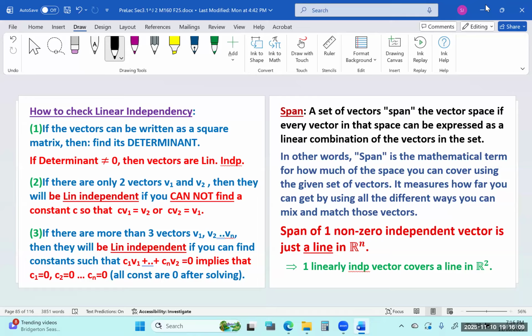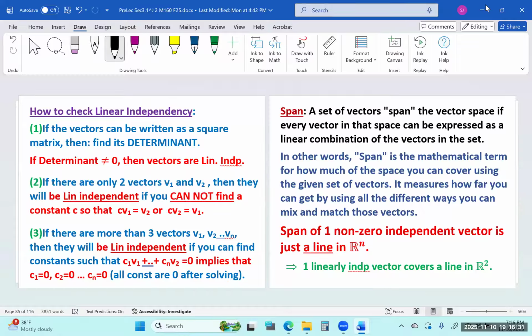If you have one non-zero linearly independent vector, that vector can cover only a line in your vector space. The span of one vector geometrically gives us only a line.